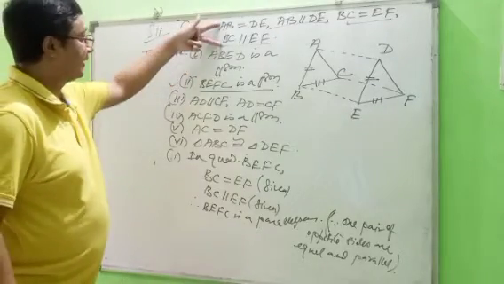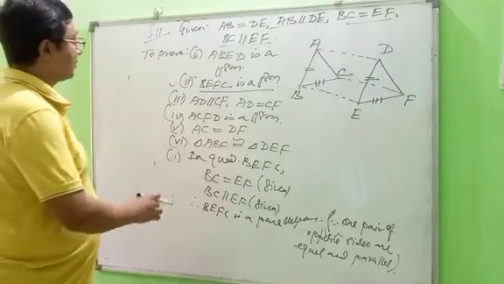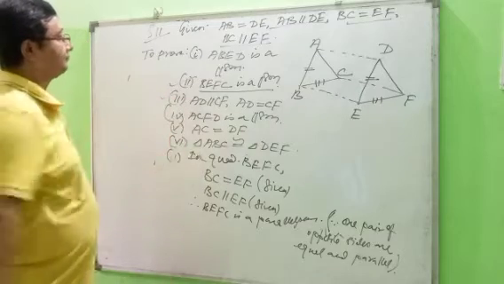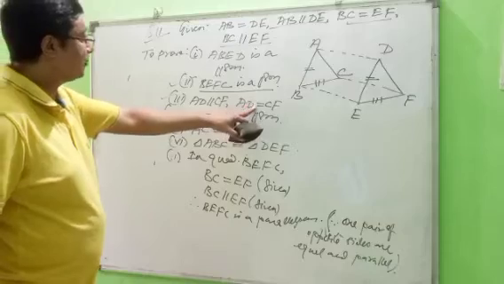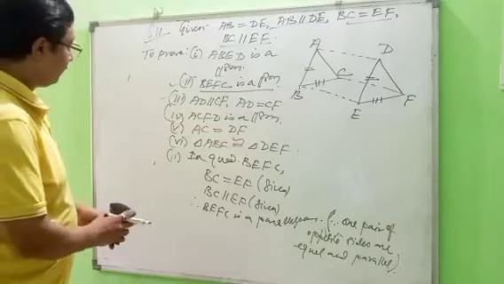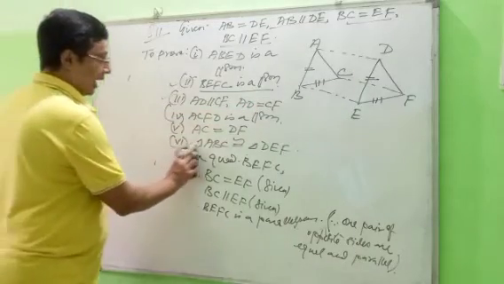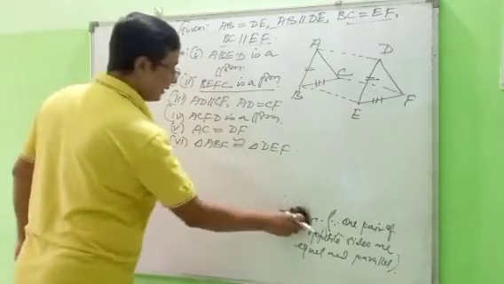Now comes proof number 3: AD is parallel to CF, and AD equals CF. Now from this, how do we get proof number 3?